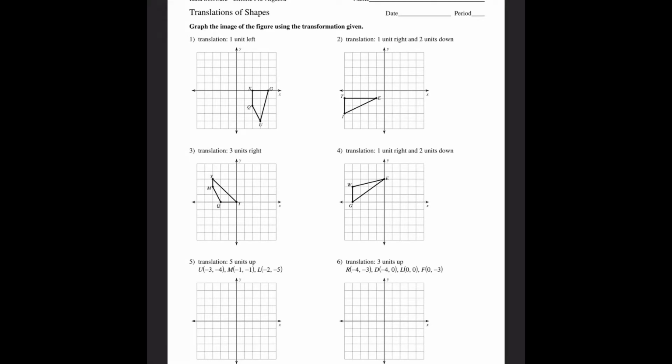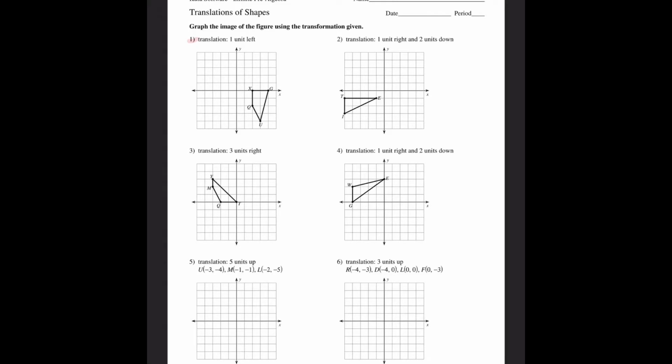So our first translation for number 1 says to translate 1 unit left, okay? So that means each point on our graph, so X, G, Q, and U, all need to be moved 1 unit to the left, okay?